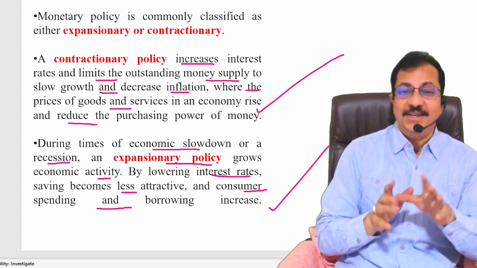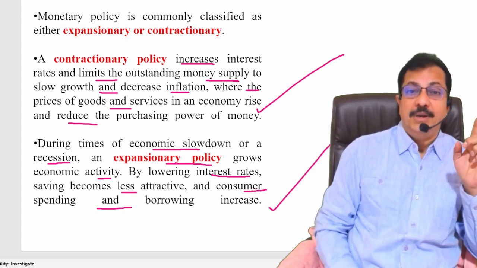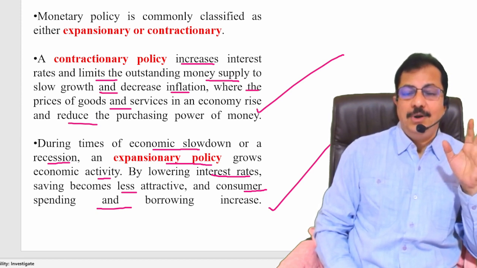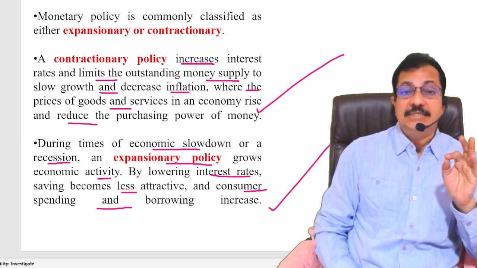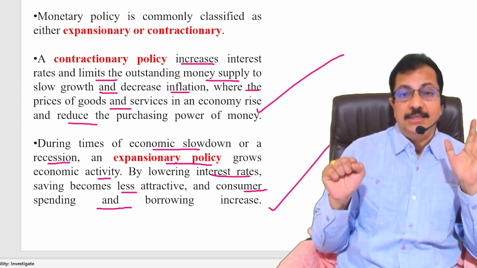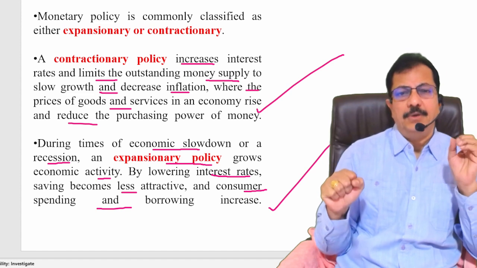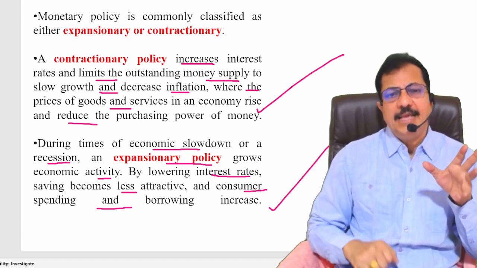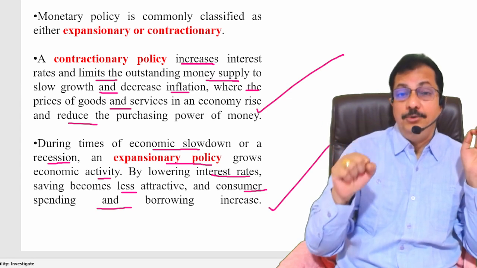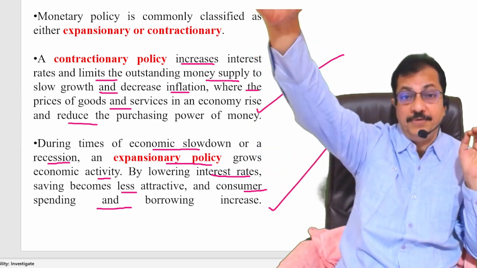Who took the decision? The Monetary Policy Committee of RBI took the decision. Is that okay? And what is this decision called? Monetary policy decisions. Am I clear? If you are tightening, that is contractionary policy. If you are loosening, that is called expansionary policy. Contractionary policies will be used when there is so much inflation.